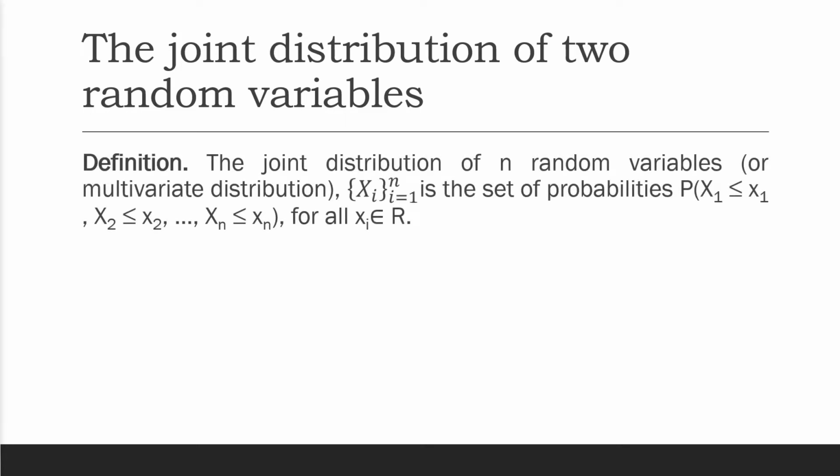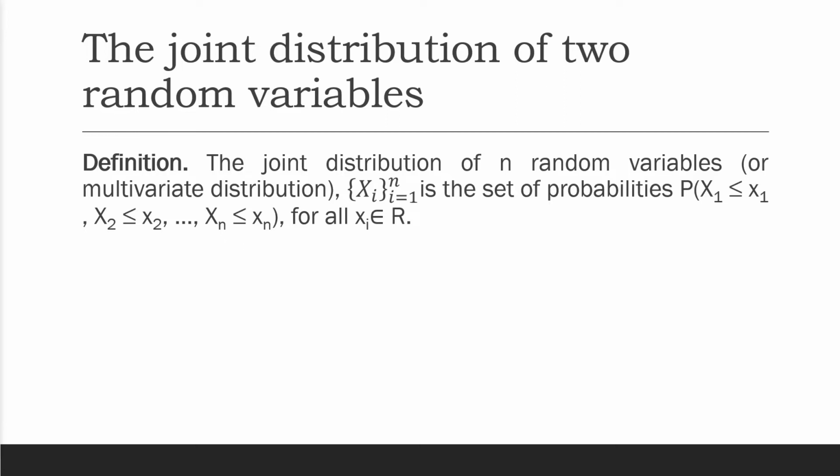Now, when we are talking about the joint distribution of n random variables, also known as the multivariate distribution, you have here the set of all x sub i, from 1 to n, is the set of probabilities in which you have the probability of x sub 1 greater than or equal to set x sub 1, and then the probability of x sub 2 greater than or equal to set x sub 2, and so on up to x sub n greater than or equal to the set x sub n, for all x sub i elements of the real numbers.